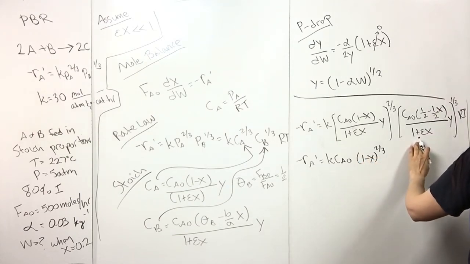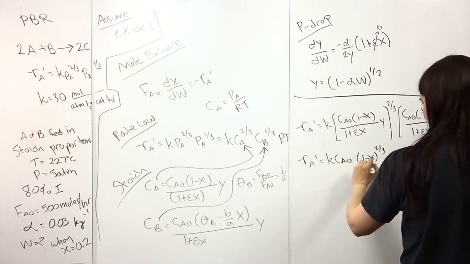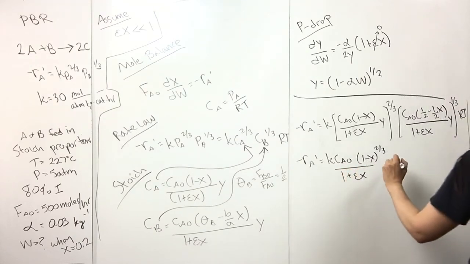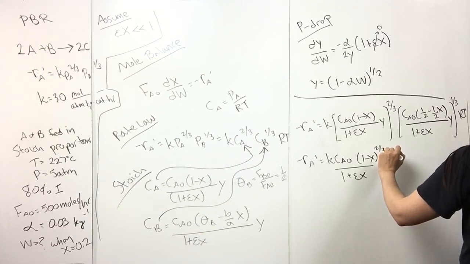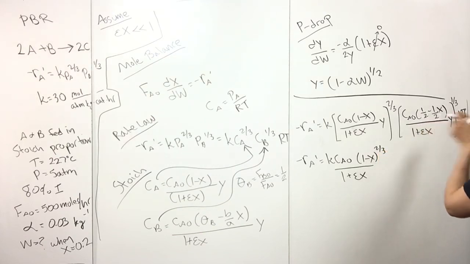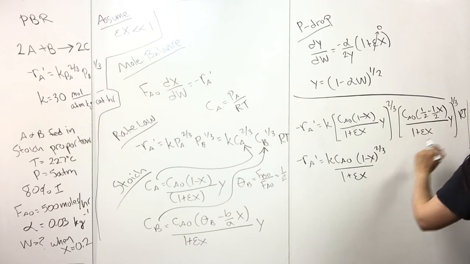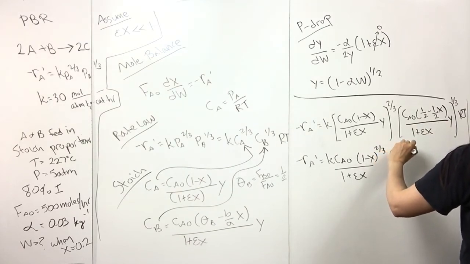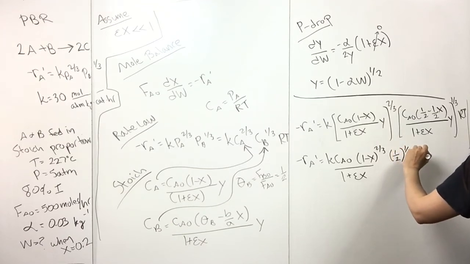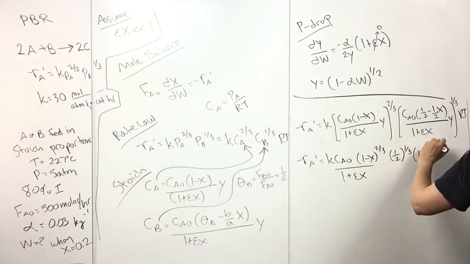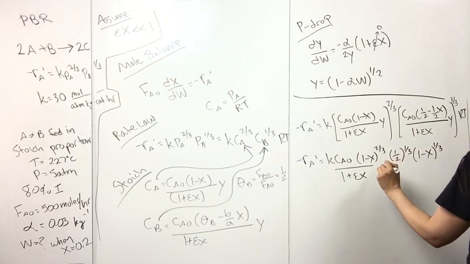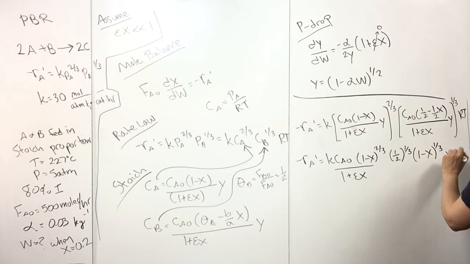And I'm going to also pull out the 1 plus epsilon x, so this is over 1 plus epsilon x, and then I have, and I'm going to pull the 1/2 out of this, so then I have 1/2 to the 1/3 multiplied by 1 minus x to the 1/3, and this is multiplied by y RT.